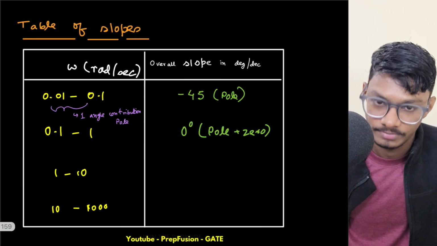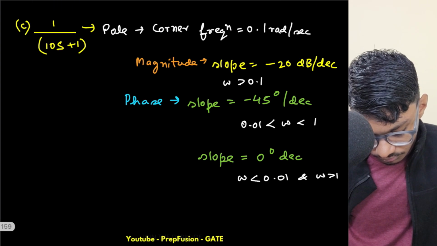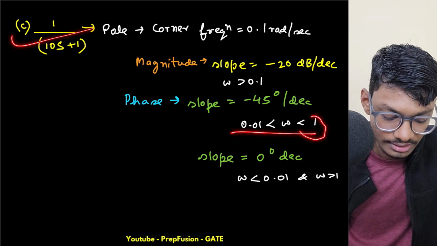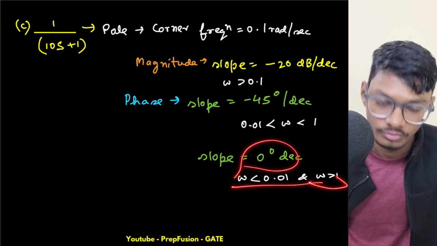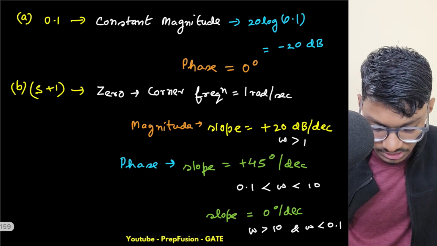Now 1 to 10. What is happening between 1 and 10? The effect of this one is finished, because until 1 it was contributing minus 45 degree per decade, and just after 1 it is contributing 0 degree per decade. The effect of this one is finished, but the effect of this one is still present.